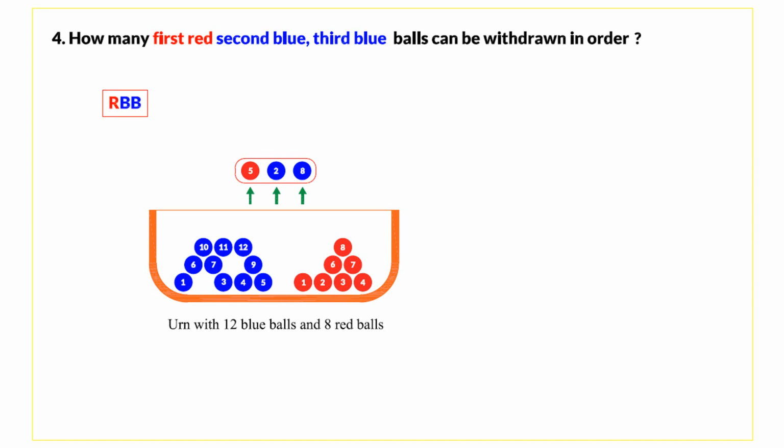So to pick first red, we are picking 1 red out of 8, and that is 8 red permuted 1 at a time. And then we are picking 2 blue in order out of 12 blue, and that is 12 blue permuted 2 at a time.